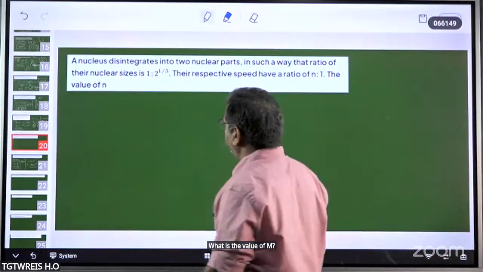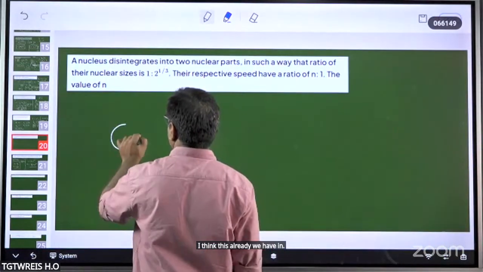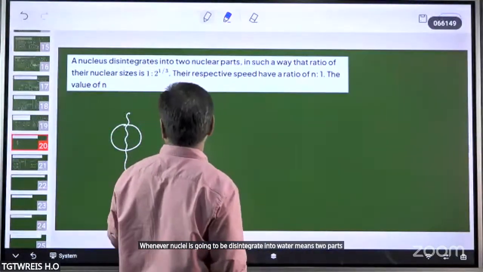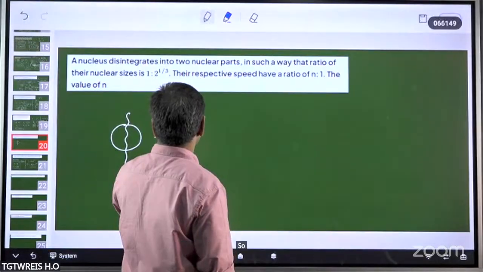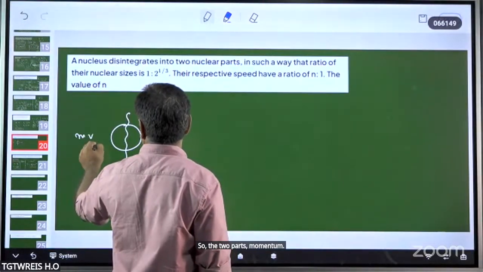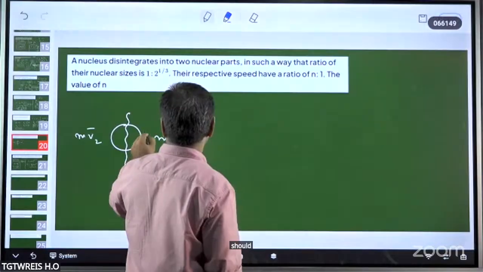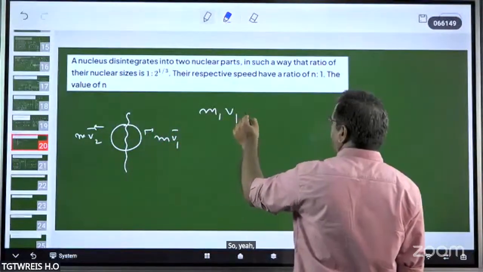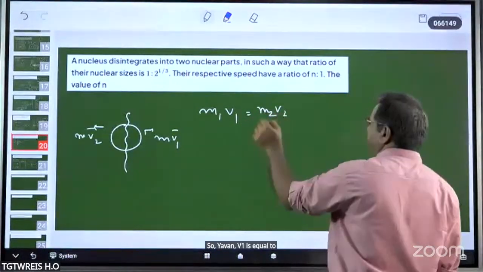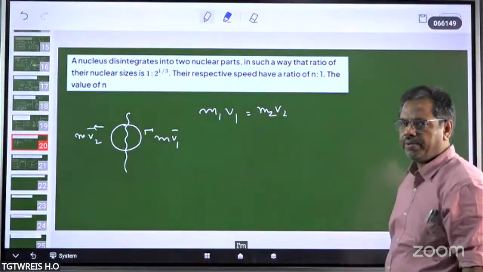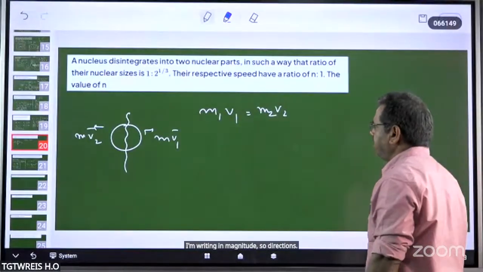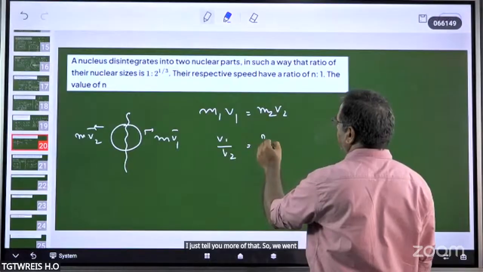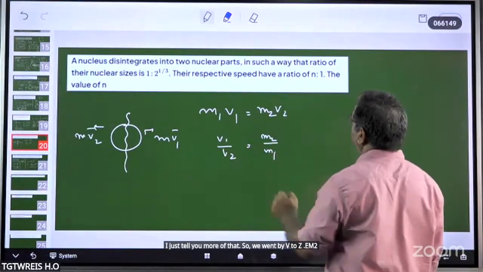Whenever a nucleus is going to disintegrate into two parts, the two parts' momentum should be equal in magnitude and opposite in direction. So M1 V1 is equal to M2 V2. I'm writing in magnitude, so I remove directions. So V1 by V2 is equal to M2 by M1.